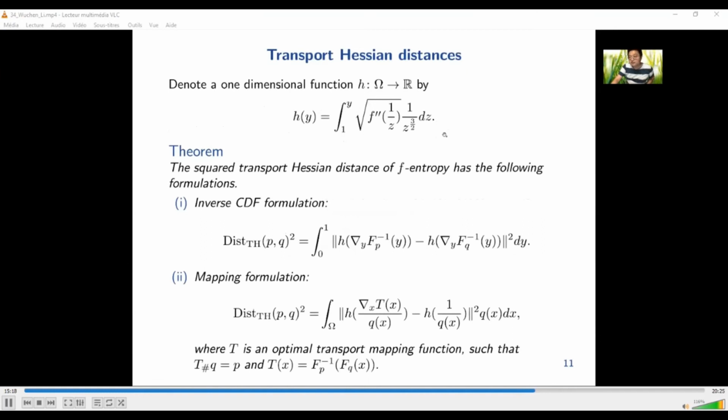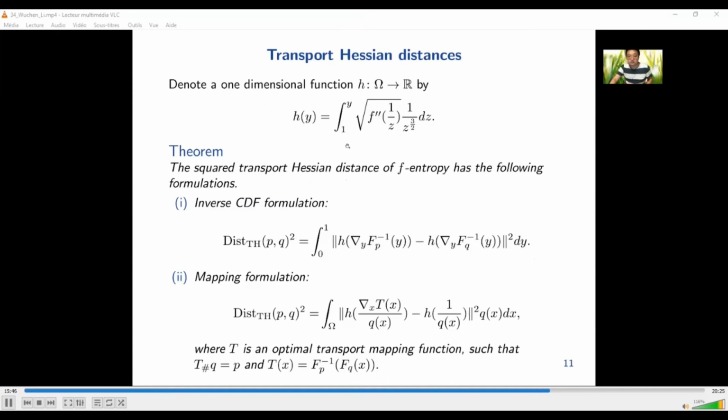Using this function h, I can write down the Hessian distance in the optimal transport space explicitly. It's given below. It's very simple. It's the integral of the square root of h of F_p inverse minus h of F_q inverse, squared, dy. So this choice of h depends on which entropy you choose.